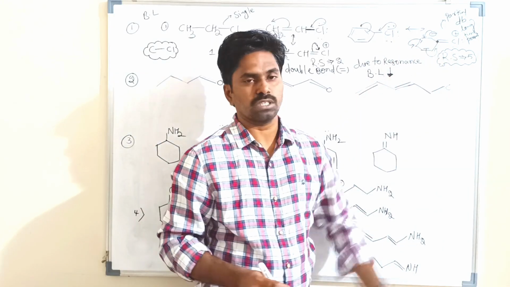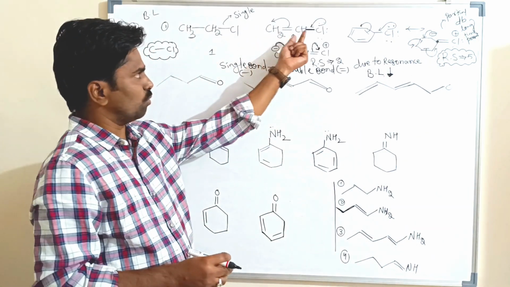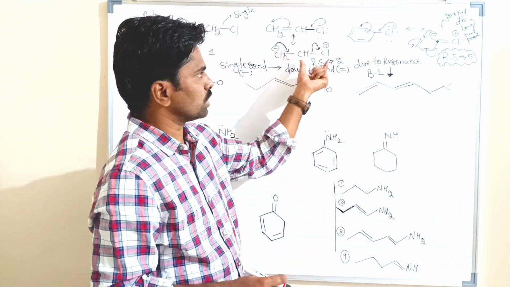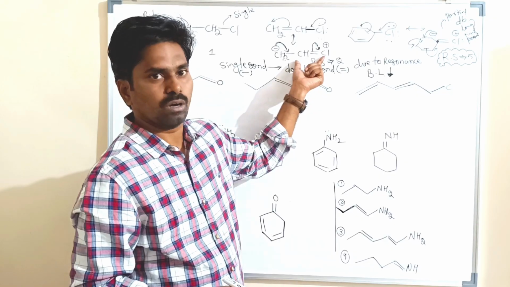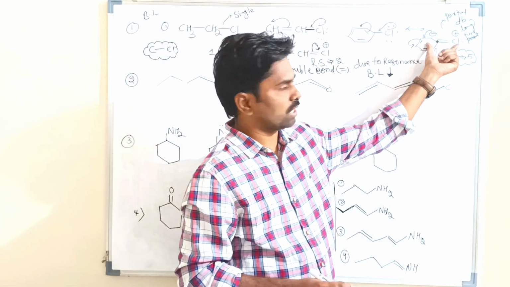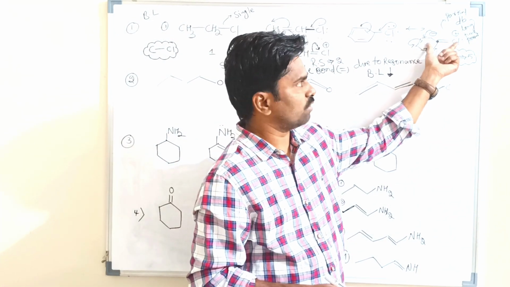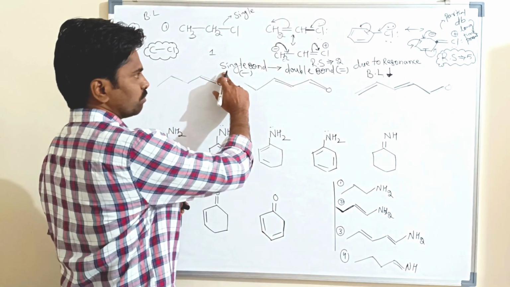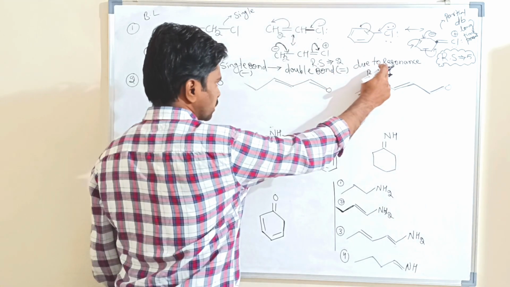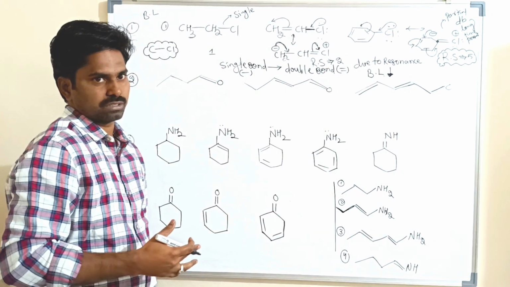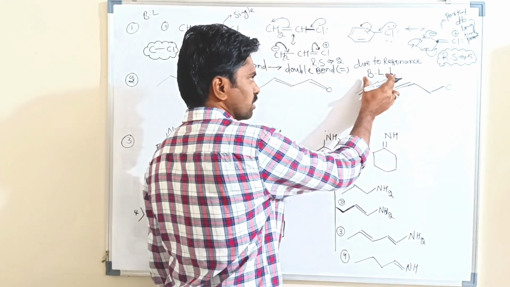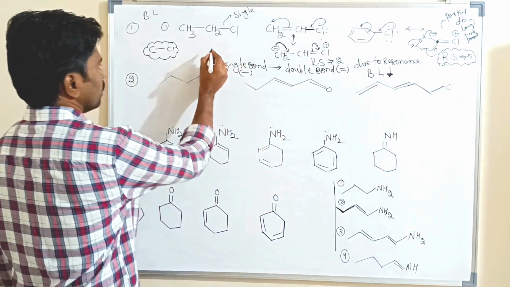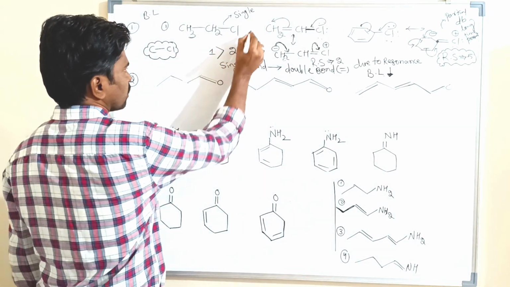A number of single bonds are getting partial double bonds, but here only one single bond gets a partial double bond, and that happens very quickly. Here the partial double bond is not present for a long time, but the partial double bond between the carbon and chlorine is present for a long time. So finally, a single bond becomes a double bond due to resonance. If there are more resonating structures, the bond length will be very small. Understood? Right. So finally first is the first, then second, then third.